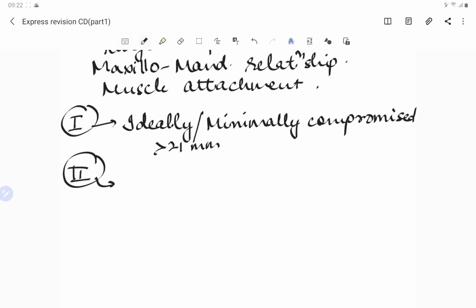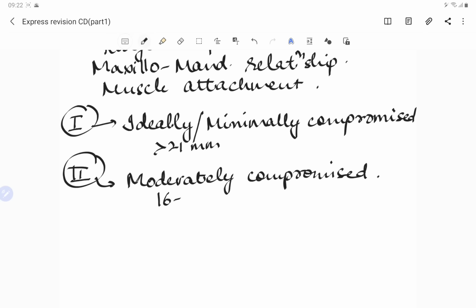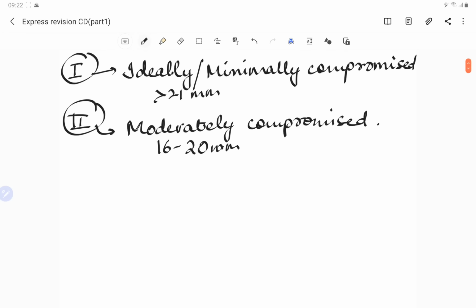Then coming to class 2. Class 2 is the moderately compromised, wherein the height is not great but it's not bad either. So there is 16 to 20 millimeters, and again the maxillomandibular relationship is class 1 in this case.